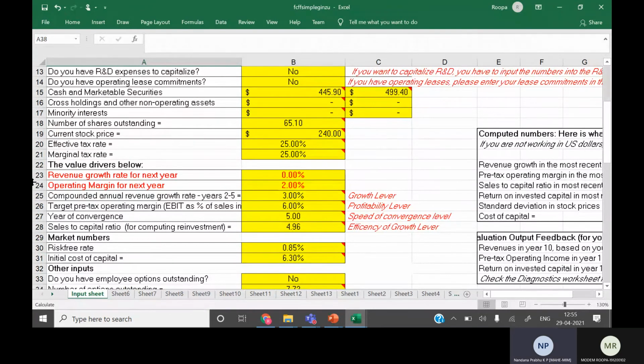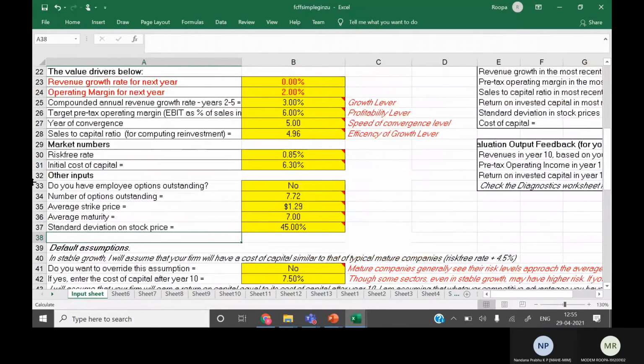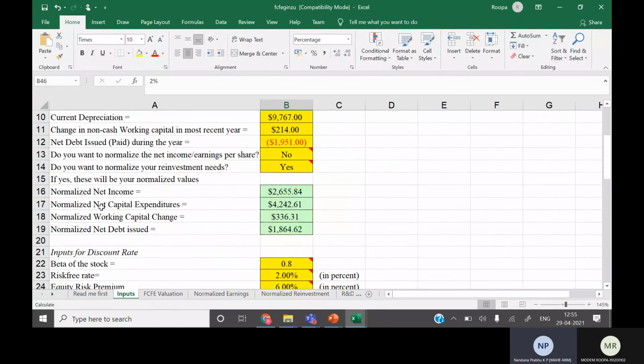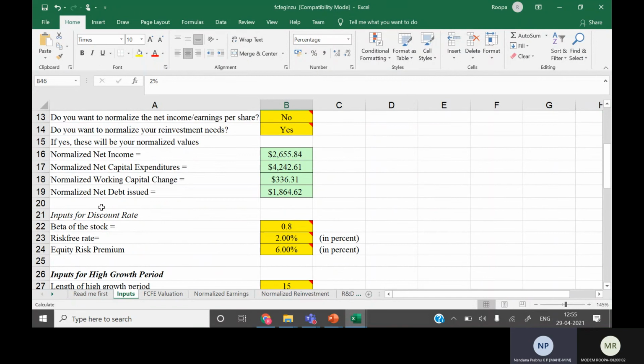Can you just go below this? No, it was in the FCFE model, I suppose. Can you go to the FCFE model? Can you just go down and see whether there are net operating losses? NOL is written.